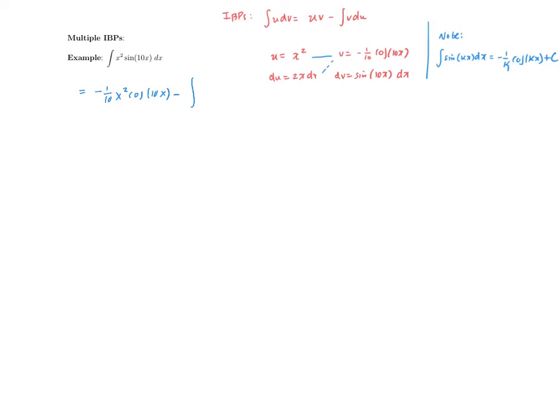So minus 1/5 x cosine of 10x. And once again, just to make sure there's no confusion whatsoever, the 1/5 is coming from 2 multiplied by 1/10. And because we also have this minus, I'm going to turn that into a plus because it's minus a minus.